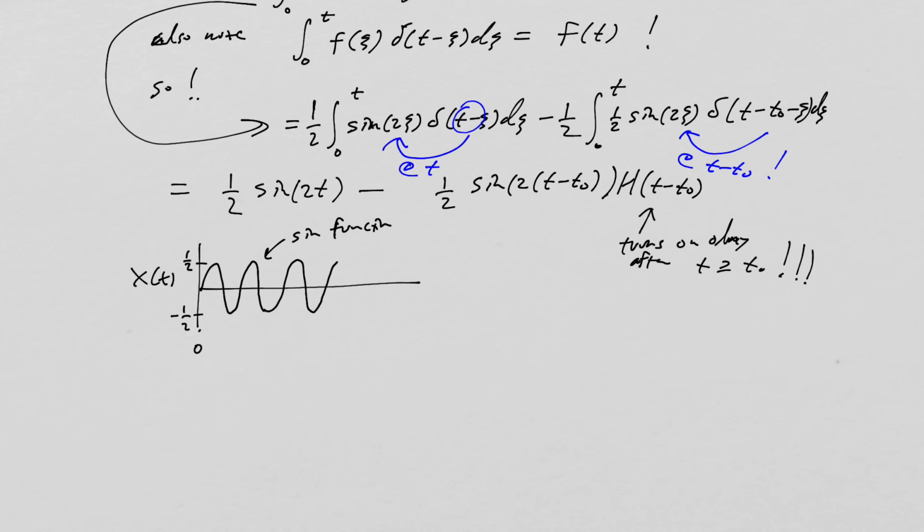And over an interval of length pi, we're going to go through one cycle. So that'll be 2 pi there, 3 pi.